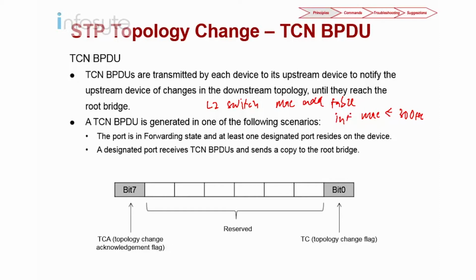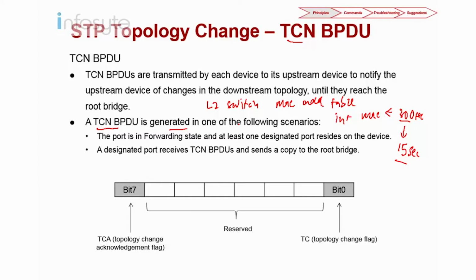Now if they do have a topology change and you let them age accordingly, it will take a long time before the topology can be forwarding again. So once the switch receives a TCN BPDU, it will age the MAC address table from the normal 300 seconds to 15 seconds, so as to expedite the forwarding. So the TCN BPDU is very important.